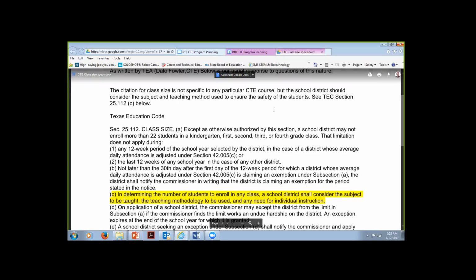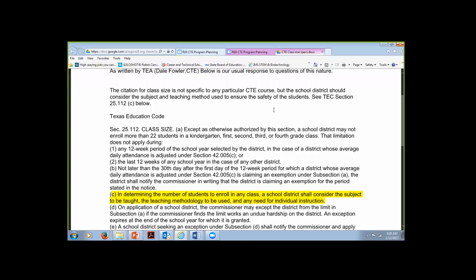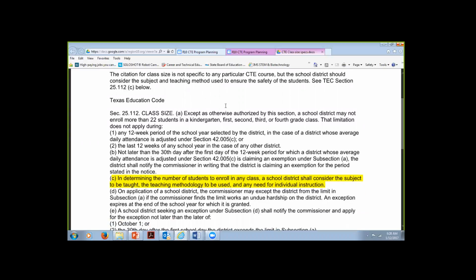Now, in speaking with a friend of mine who's also a mentor, Dr. Bill Chapman, from Gerald ISD, he is the superintendent there. He recommends, and I agree with him, that for a lab class you would want no more than about 14 to 16 students at max. And for your basic principles classes, you want somewhere between 21 to a max of about 24 to 26 on the real high end, if you needed to, and you had a teacher that could handle such a class load.